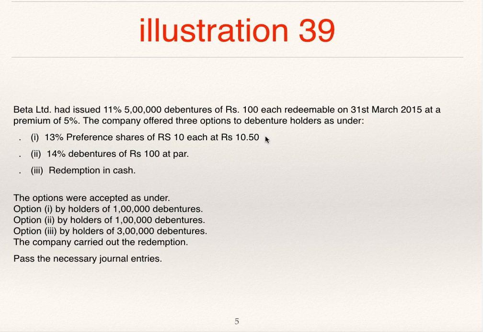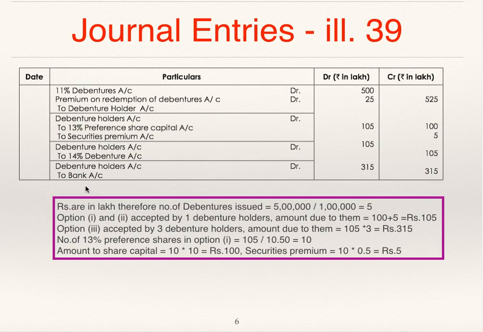Now here it will be debenture holders to preference share capital to securities premium. Second option, debenture holders to 14% debentures. Third option, debenture holders to cash or bank. Now we'll see how it is to be solved. Rupees are in lakhs again.